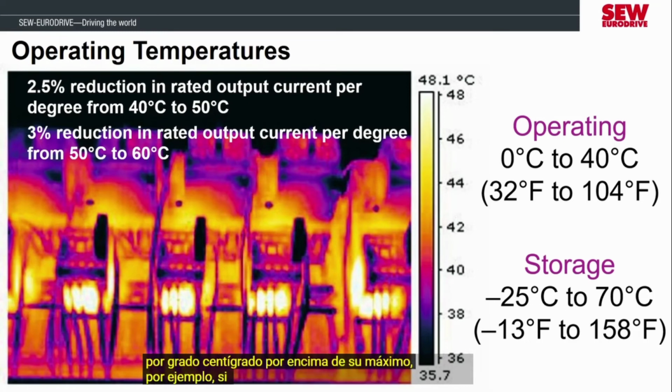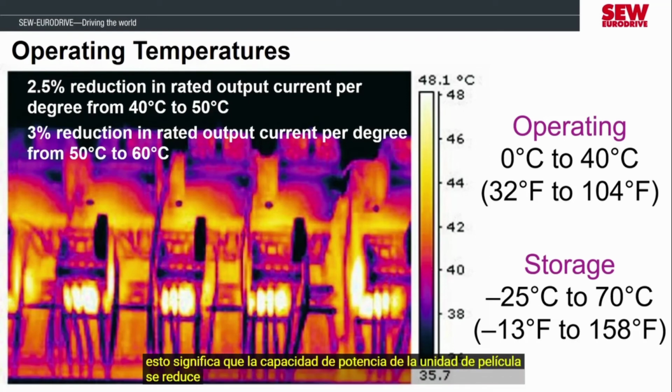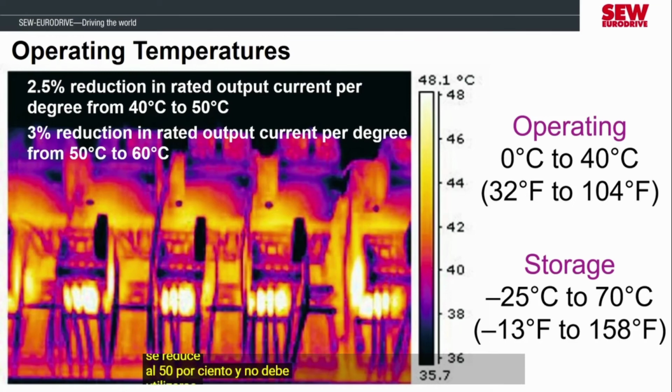For example, if the ambient temperature during the summer causes the electrical cabinet to get to 60 degrees Celsius, which is 140 degrees Fahrenheit, this means the Movidrive's power capability is reduced to 50%, and it should not be utilized higher than that until the ambient temperature decreases.